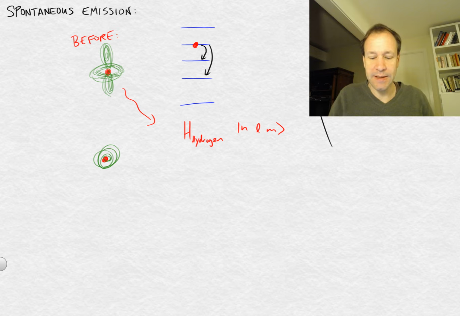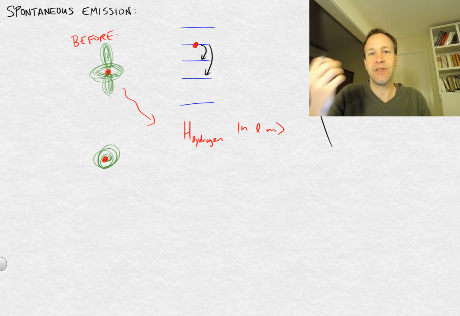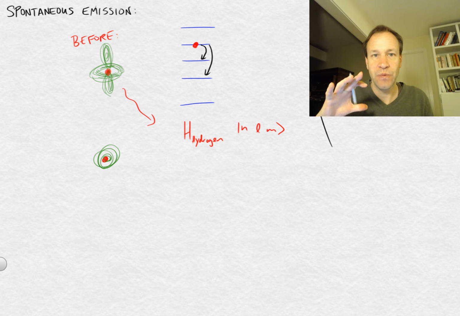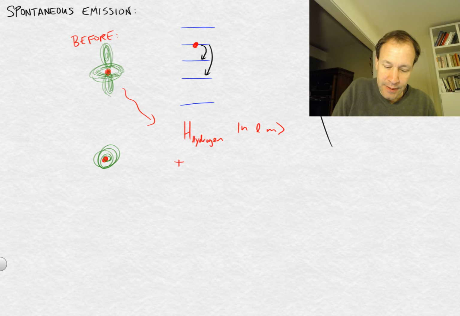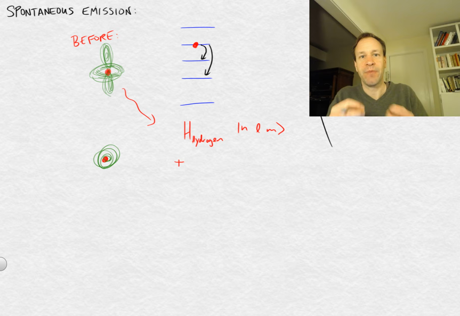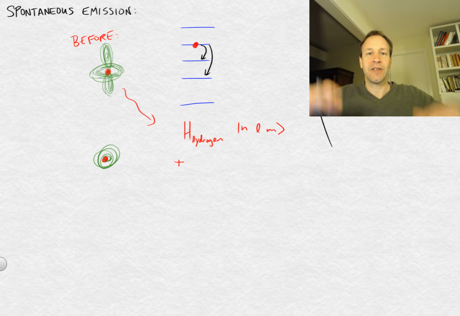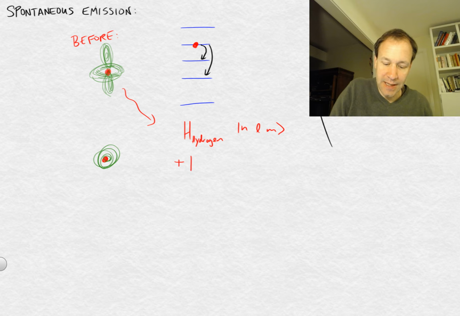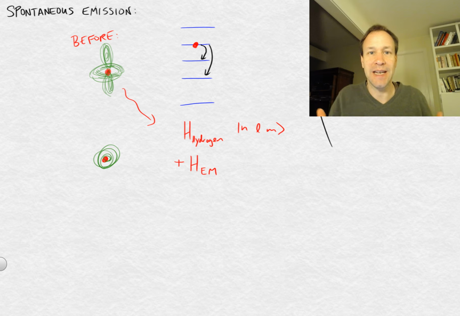Well, the point is that in the real world, that atom is not just described by the hydrogen atom Hamiltonian. In the real world, that physical system of the proton and the electron is actually part of a larger physical system which includes these electromagnetic fields. So the full Hamiltonian would be the hydrogen atom Hamiltonian and a term which describes the quantum mechanics of the electric and magnetic fields.